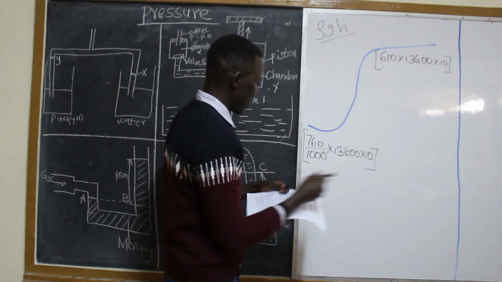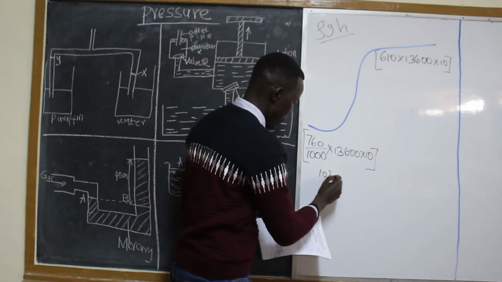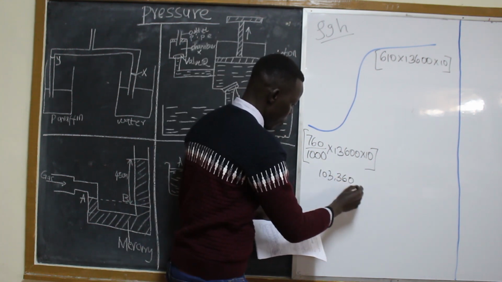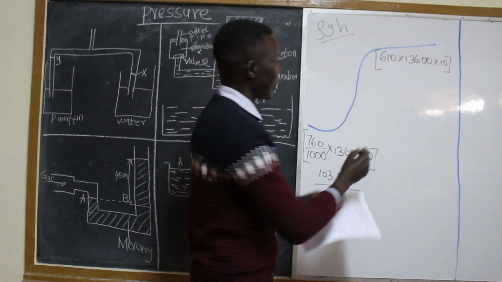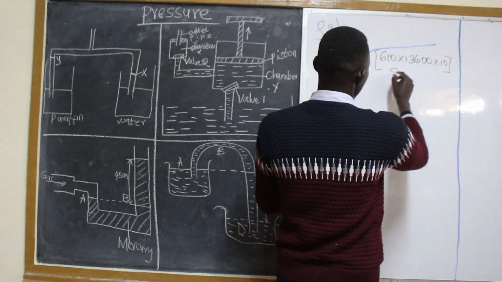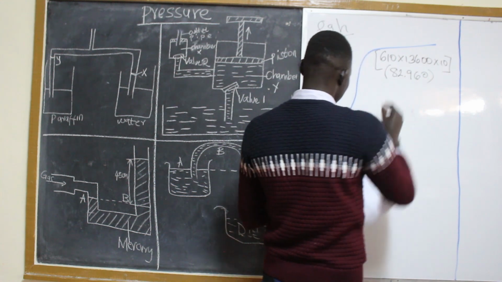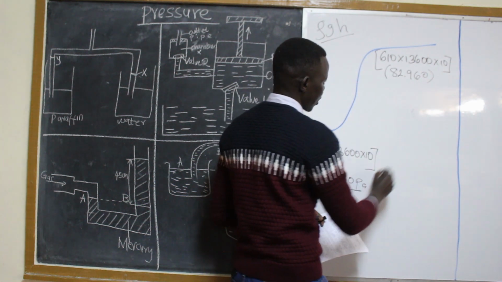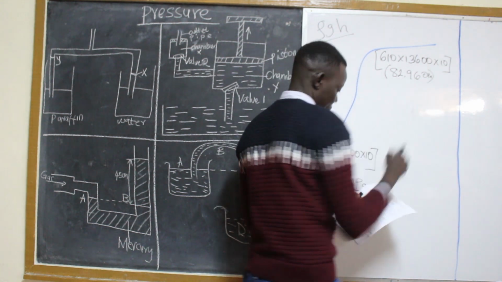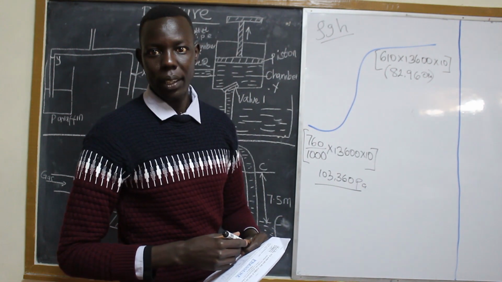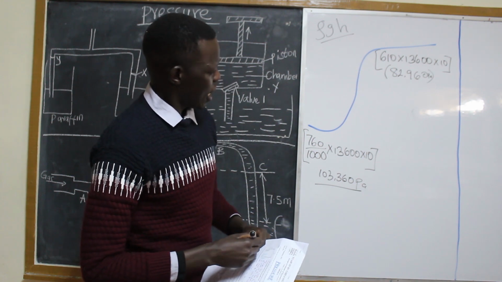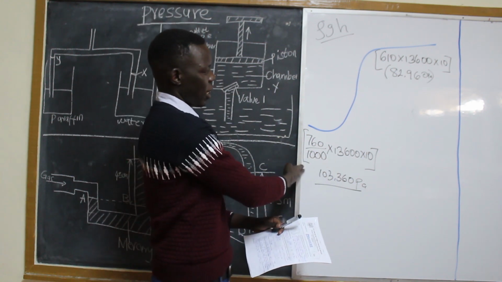This one is 103,360. I hope you can see. This one is 82,960. All of them are pascals. That is it. Then, you see, the pressure is greater here. It is less there.